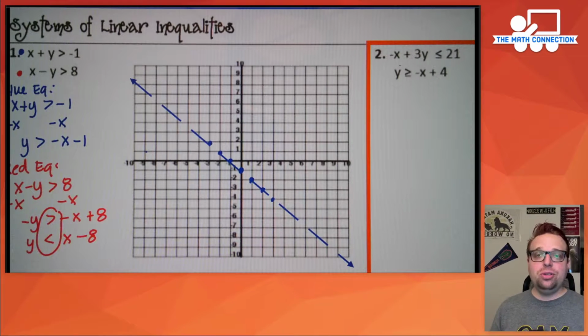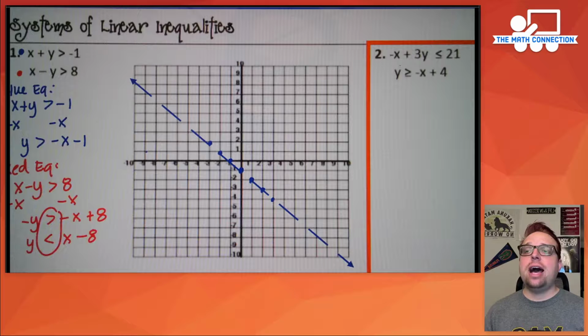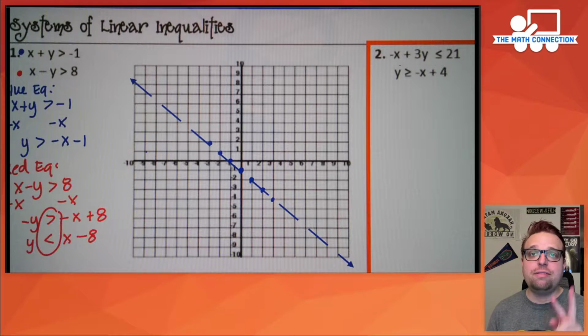What I'm actually doing when I change the sign of everything like that, the negative and positive, is dividing everything by -1 or multiplying everything by -1. Either way you look at it, it's the same operation. But because that division and multiplication by the negative number is happening, I have to flip the sign around, okay?